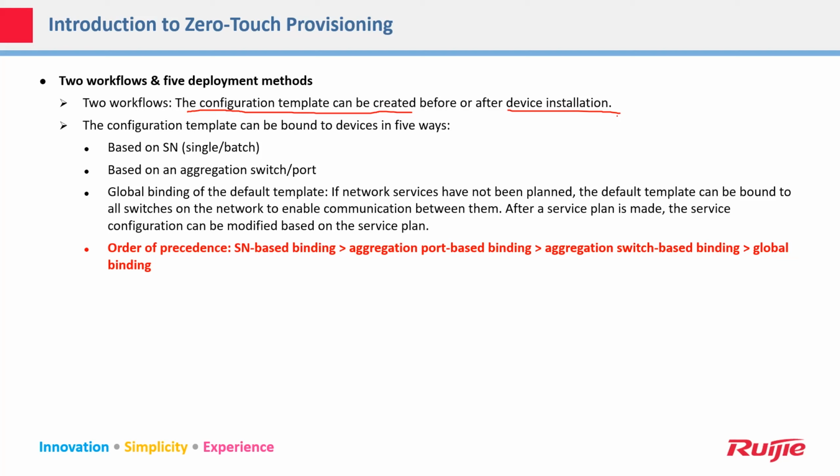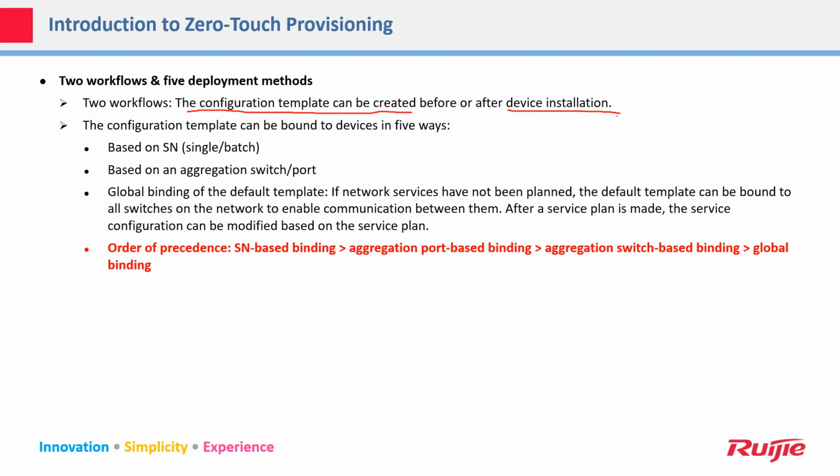What we need is the configuration template and a running device. If we have the template and the running device, the INC can deliver the templates to the running devices. So 2 workflows means you can set the template first, or you can install the device first. Okay, this is for the 2 workflows.